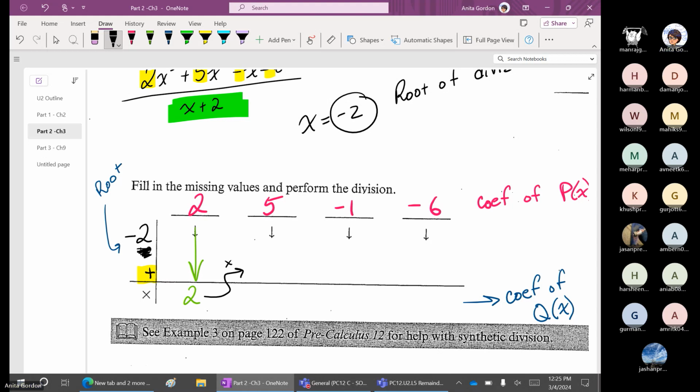What's the root? Negative 2. So negative 2 times 2 is negative 4. Add up and down. What do I get? 5 plus negative 4 is 1.